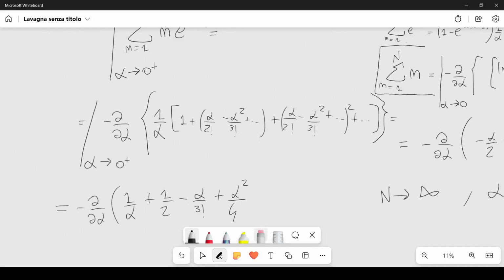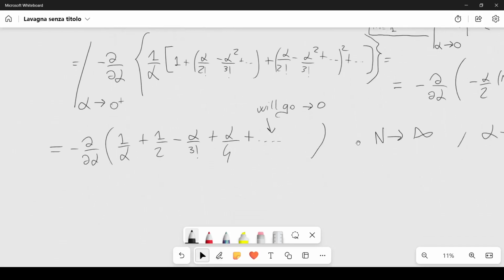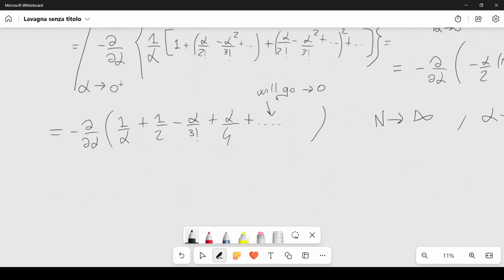So this alpha squared will become alpha. And if you think about it, these other terms will go to 0 when we take the derivative and when we let alpha go to 0 plus. So they are negligible in our considerations.